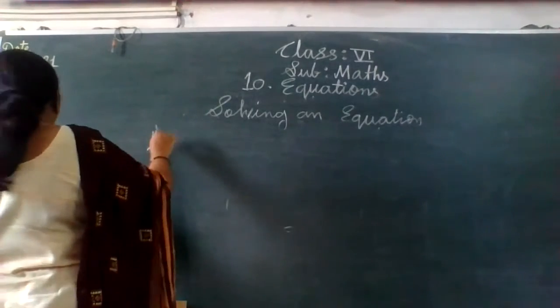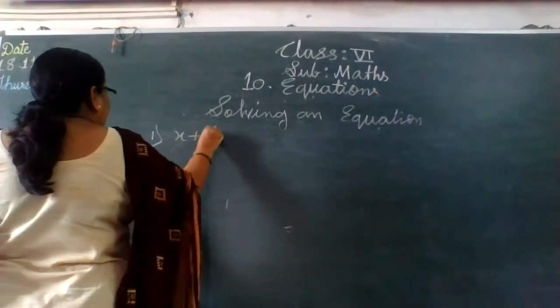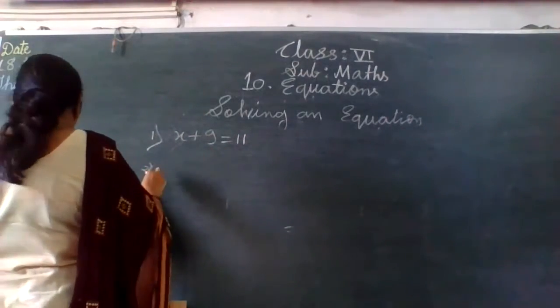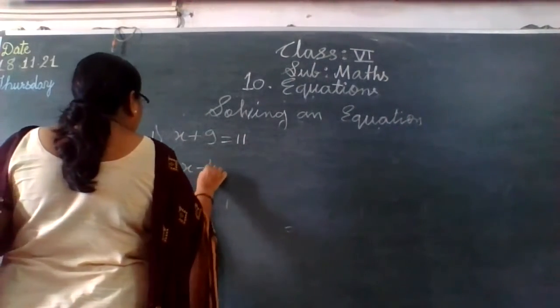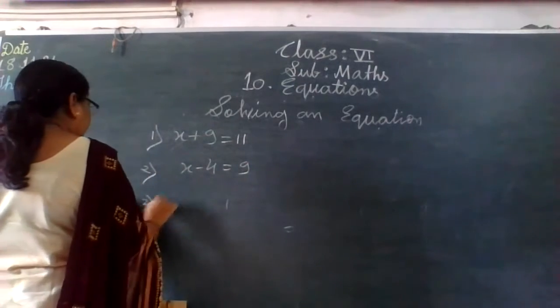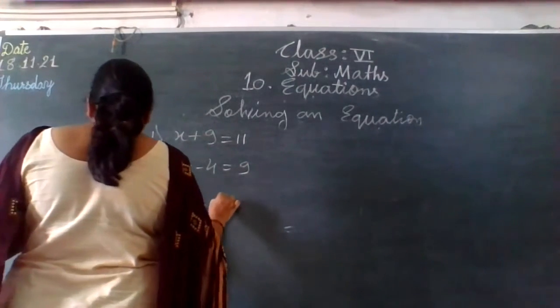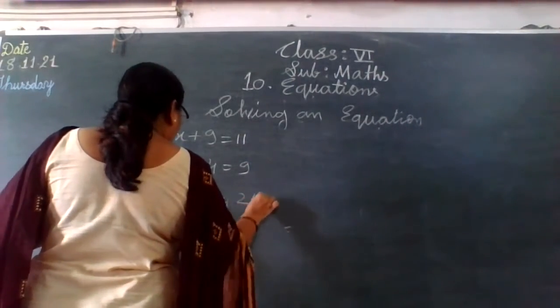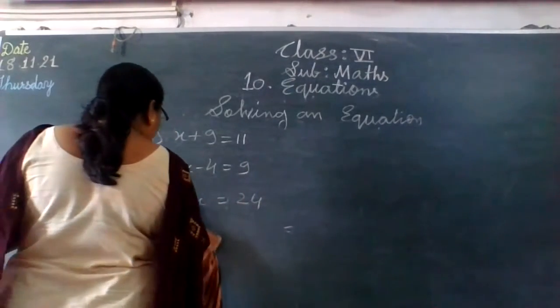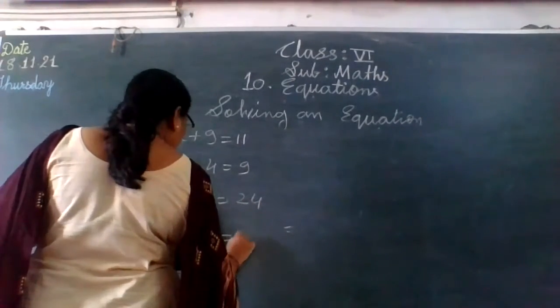First, x plus 9 equals to 11. Second, x minus 4 equals to 9. Third one, 8x equals to 24. And the fourth one, x upon 6 equals to 3.